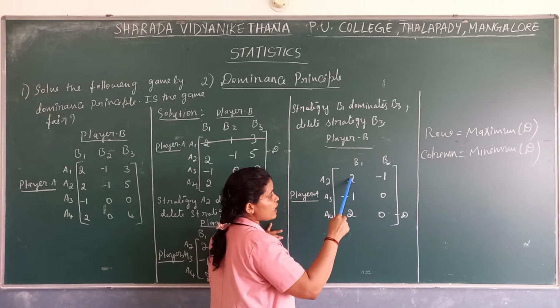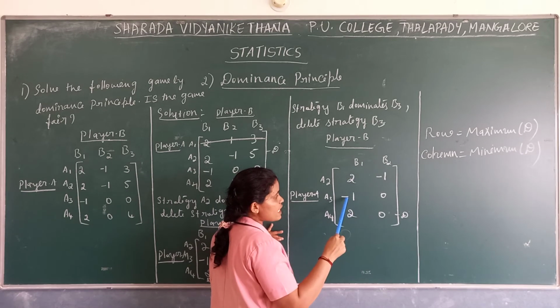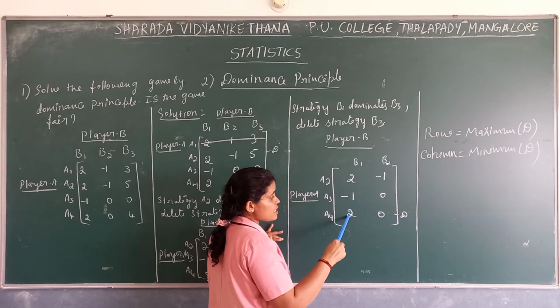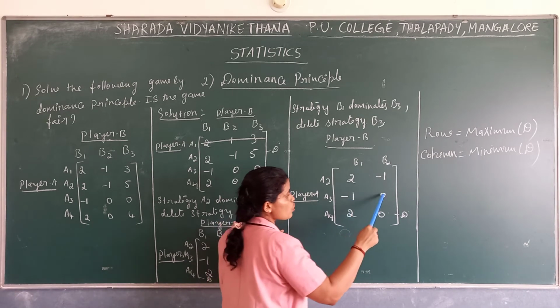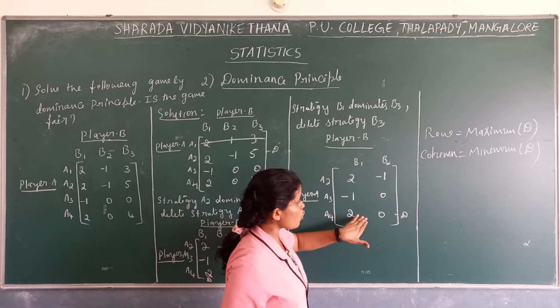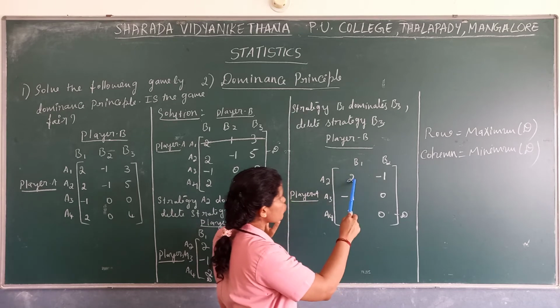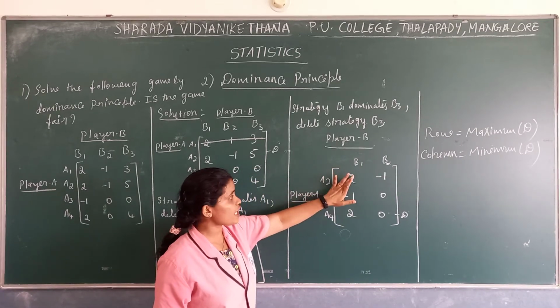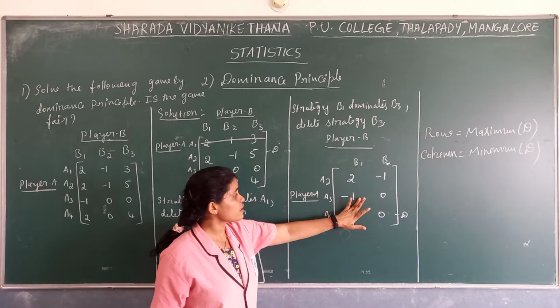Once again we can compare with this. Now you see, yes, it dominates. Here it is 2, here once again it is 0. So this particular row dominates A2 as well as A3.